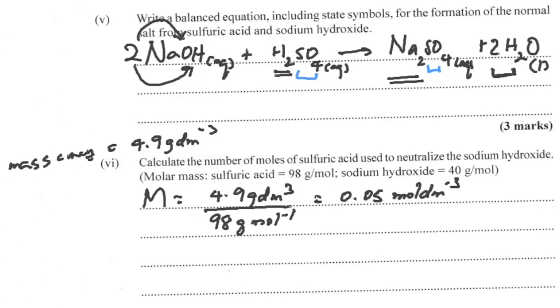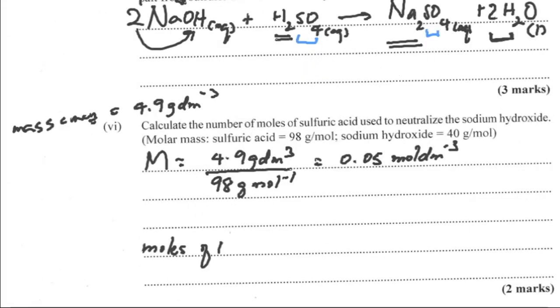Now, this is the molar concentration. In other words, we're saying that 1000 cm cube of this solution contains 0.05 moles. So if we use 25.05 cm cube, we want to find out how many moles are in that. The number of moles of the sulfuric acid used, H2SO4, would be equal to the concentration, 0.05 moles per dm cube, multiplied by the volume that was used, but the volume must be expressed in dm cube here.